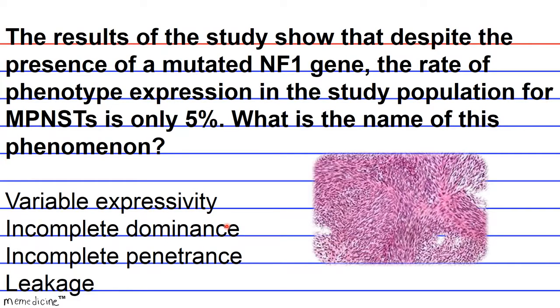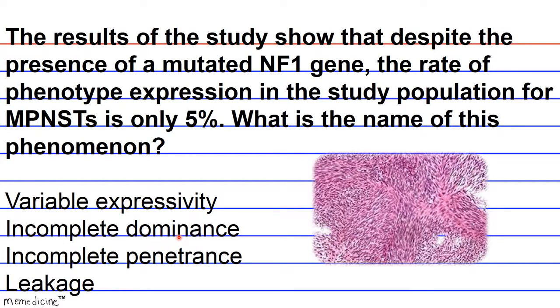So they're like co-dominant, or one might be a little bit more dominant than the other, all right? Now leakage, that is the movement of genes from one species to another. So it's definitely not going to be leakage, and we can kind of assume that it's not incomplete dominance as well. That's not the case here, okay?